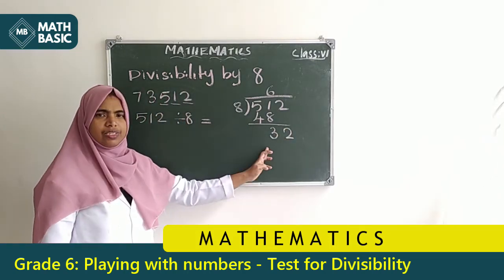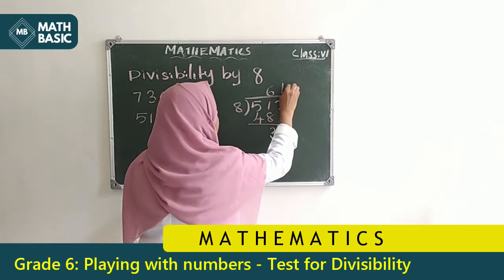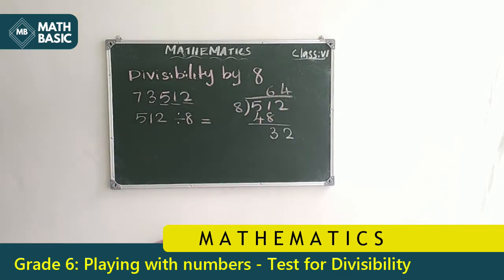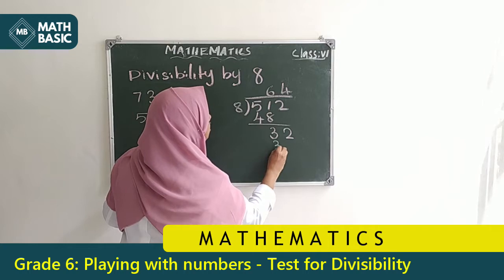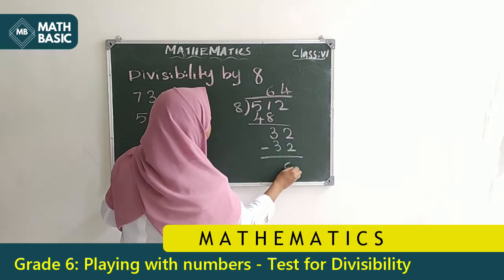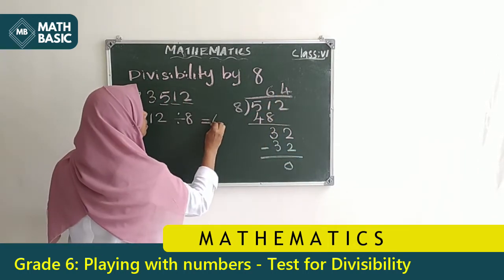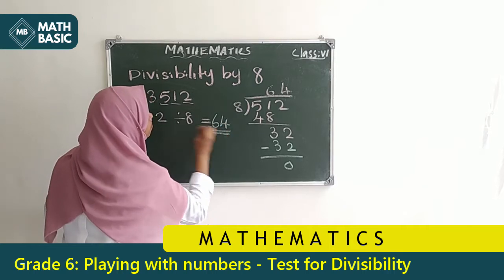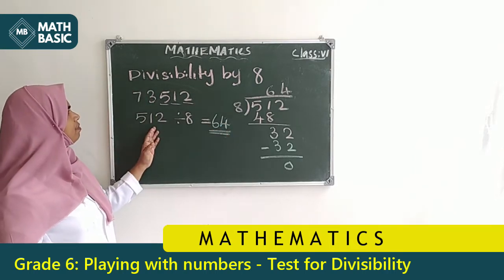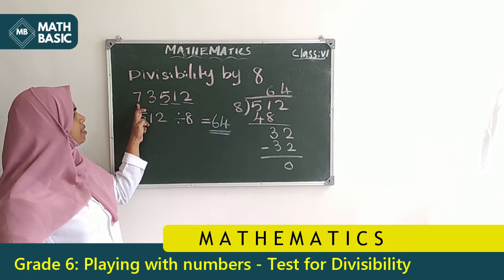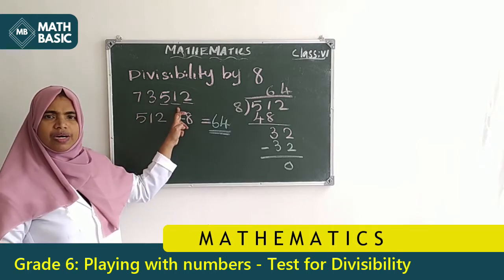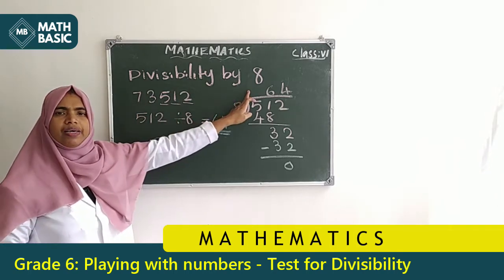How many 8s in 32? 4 8s in 32. Then subtracting, we get 0. So the quotient is 64 with no remainder. So we can say this number, 73,512, is divisible by 8.